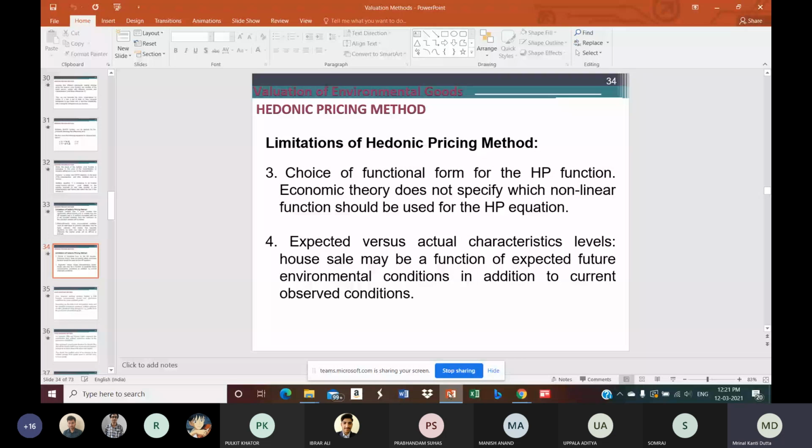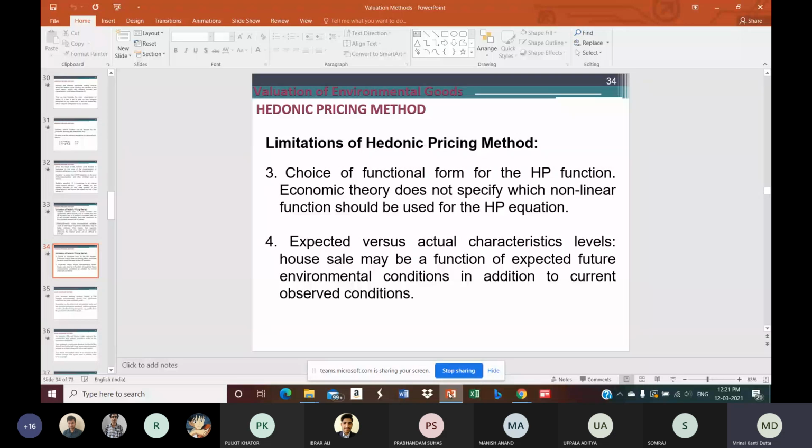That direct response goes a long way in estimating the value of environmental quality. So that way, HPM has its usefulness in assessing the value of environmental quality in so many such situations. We can talk about many ecosystem services as well, where this type of HPM technique might be used. Okay, so that's possible.